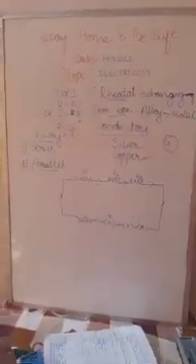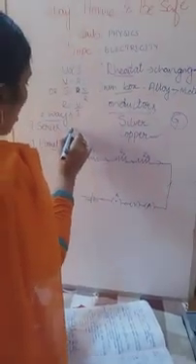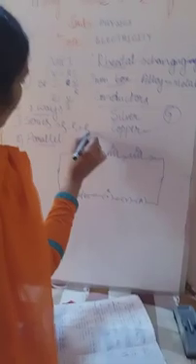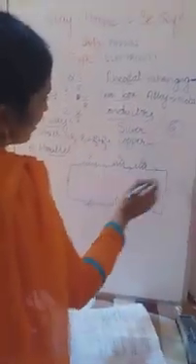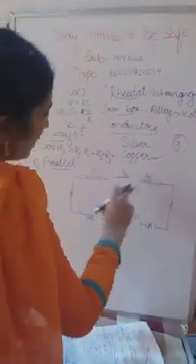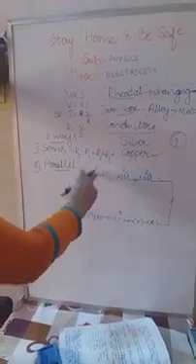To find the total resistance in a series connection, there is one formula: Rs equals R1 plus R2 plus R3 plus and so on, depending on how many resistors are connected in the circuit.